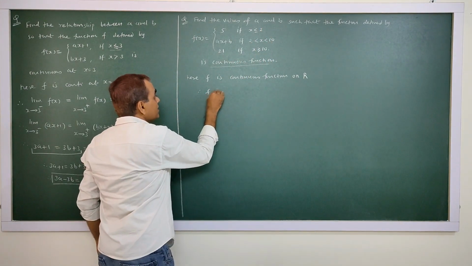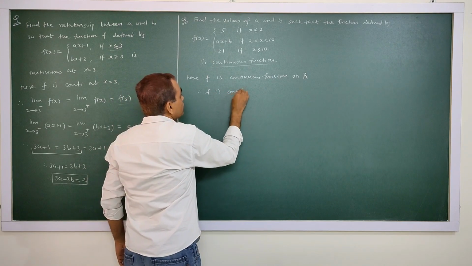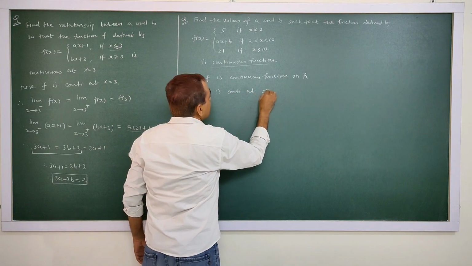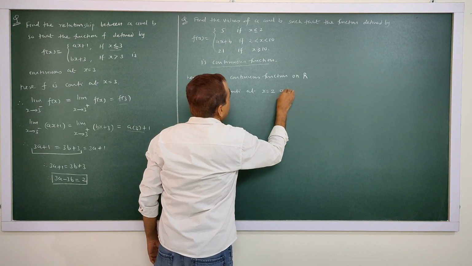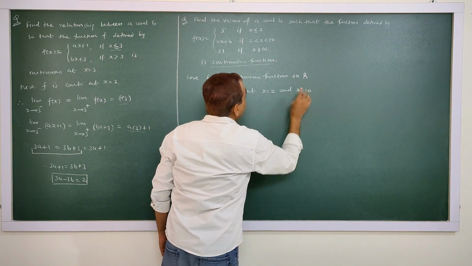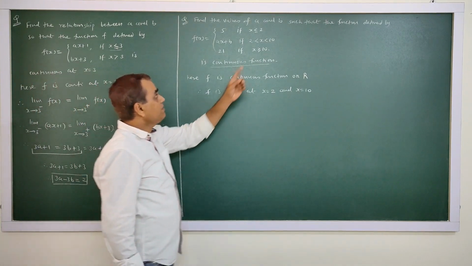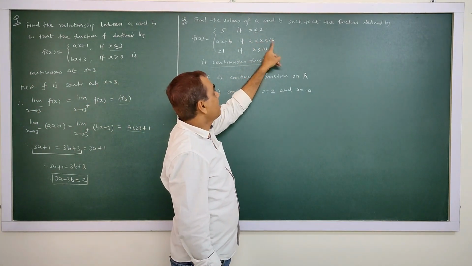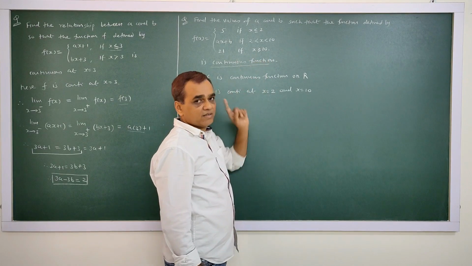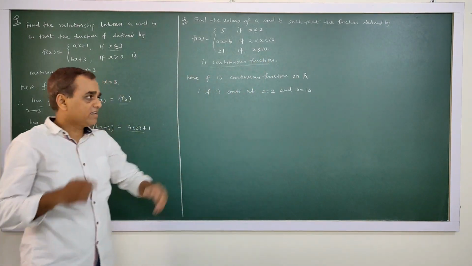So the function is continuous at x equal to 2 and x equal to 10, because it is continuous on the whole domain.